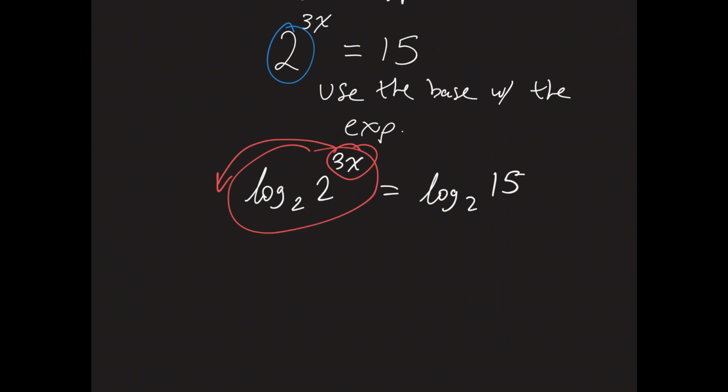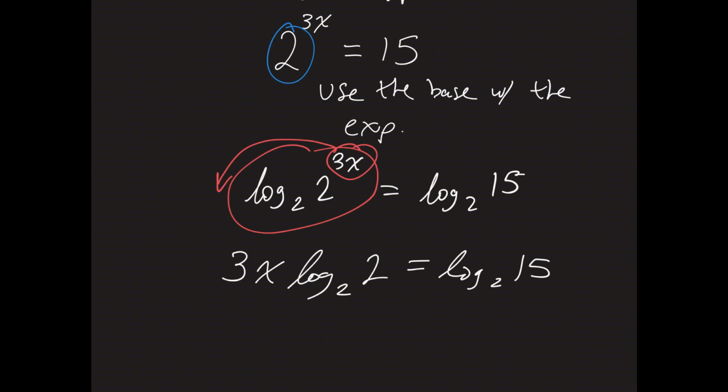So this is equivalent to 3x times log base 2 of 2, and that's going to be equal to log base 2 of 15. Okay, so I haven't changed the right side, but the left side I've changed using the power rule. These are equivalents, so that's totally fine.